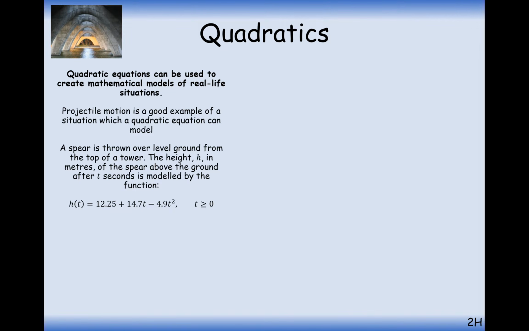So, for example, if you wanted to work out the height of the spear after 1 second, you'd just plug in 1 for the value t. The first question is, interpret the meaning of the constant 12.25 in this question.